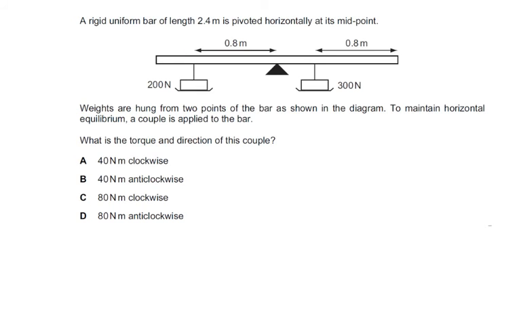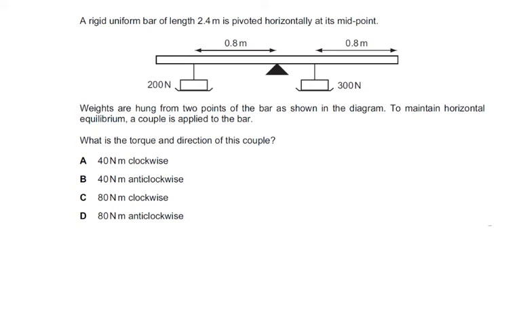A rigid uniform bar of length 2.4 meters is pivoted horizontally at the midpoint. Weights are hung from 2 points of the bar as shown in the diagram. To maintain the horizontal equilibrium, a couple is applied to the bar. What is the torque and direction of this couple?